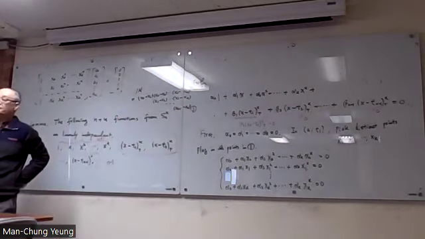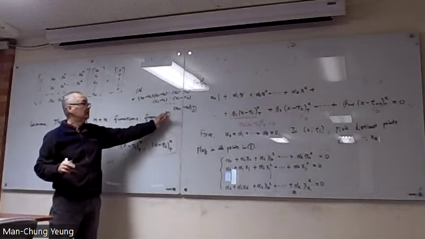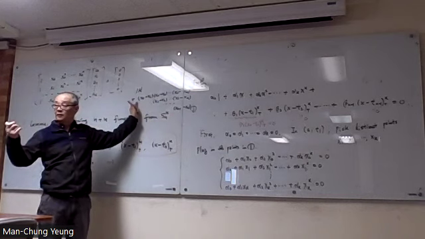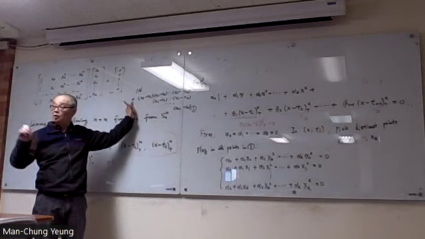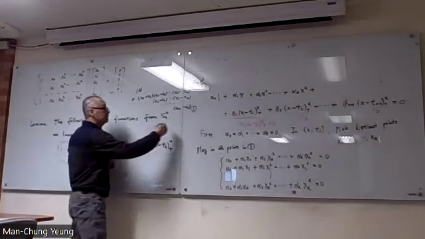A product of the differences of different x values. Because we assume x0, x1 to xk are distinct from each other, this product is non-zero.